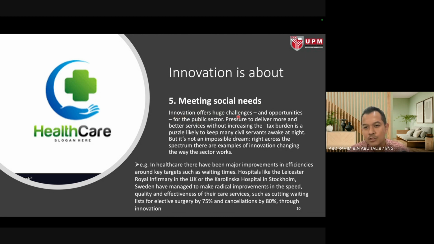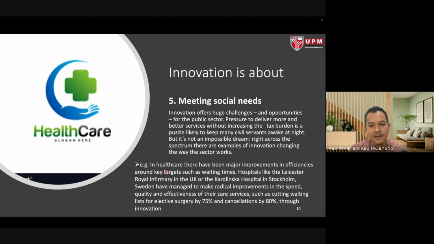Innovation offers huge challenges and opportunities for the public sector. Pressure to deliver more and better services without increasing the tax burden is a puzzle likely to keep many civil servants awake at night, but it's not an impossible dream. Right across the spectrum there are examples of innovation changing the way the sector works.